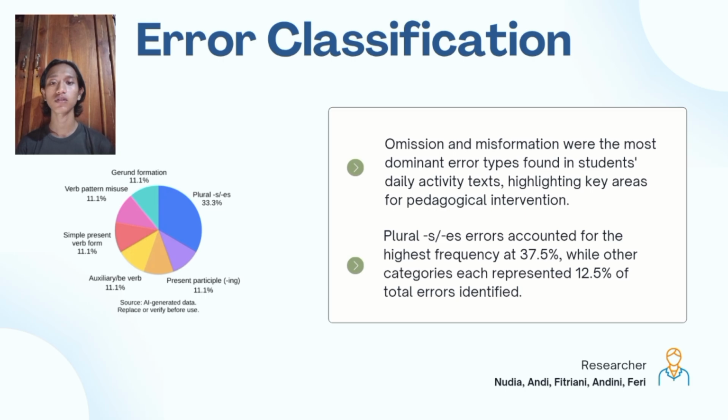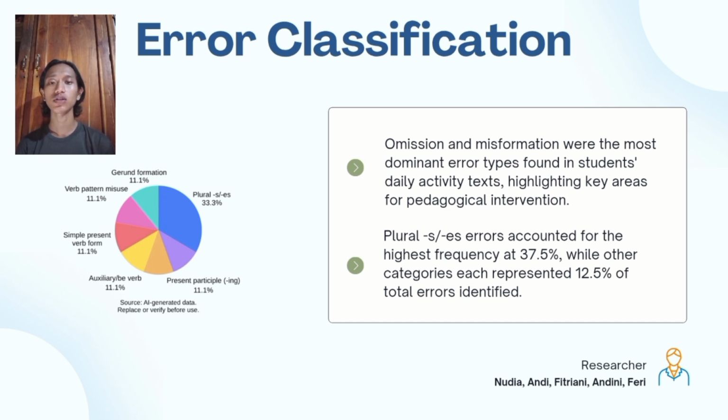Looking at the frequency distribution, plural -s or -es errors came out on top with the highest percentage. This is actually quite expected because in the Indonesian language there is no plural-marking system equivalent to English -s or -es, so students naturally tend to skip it.